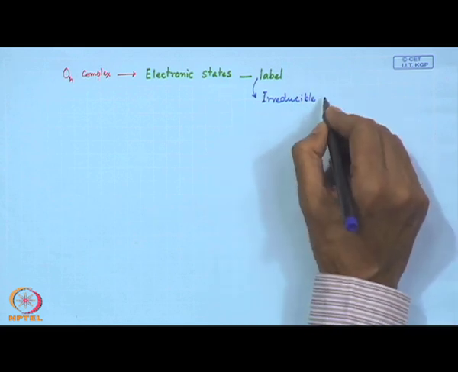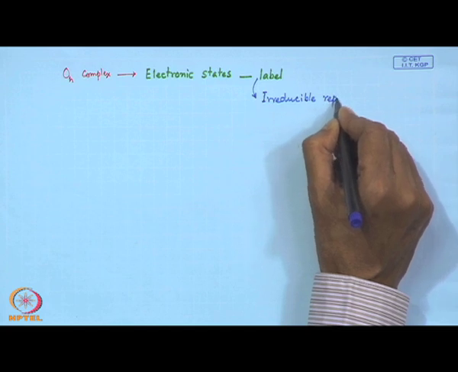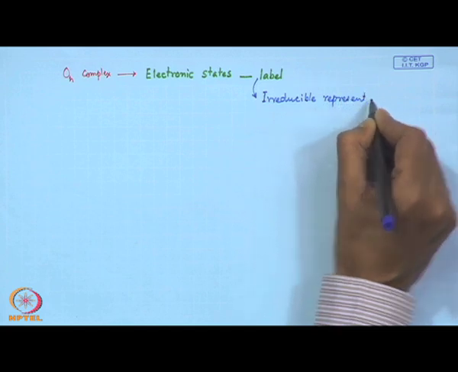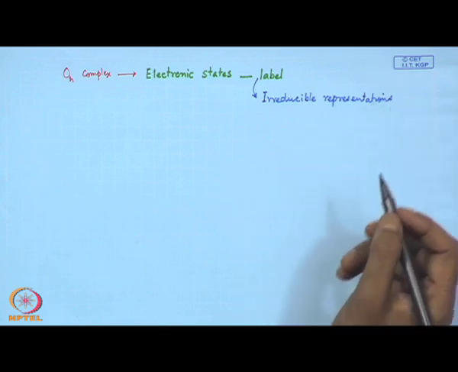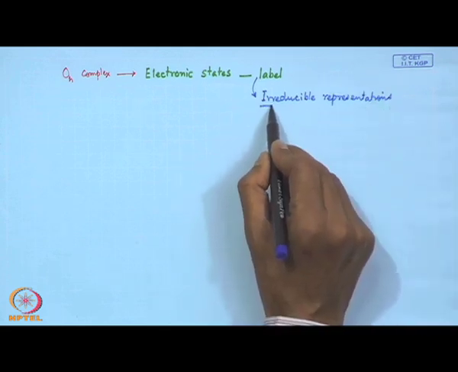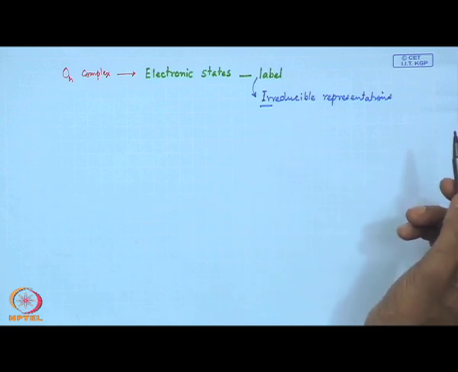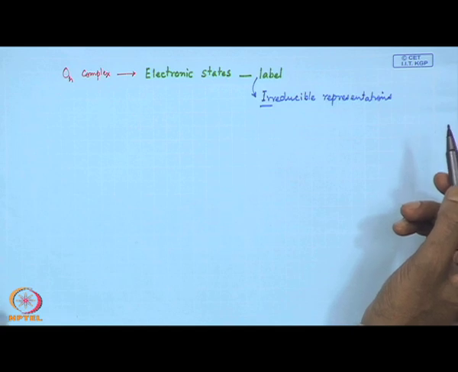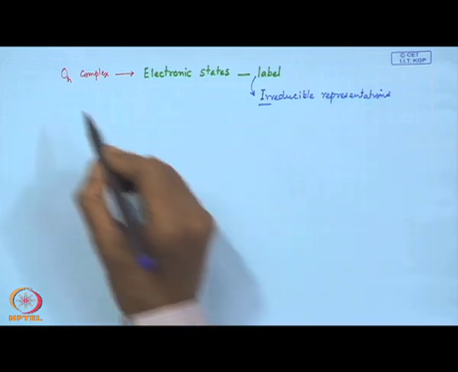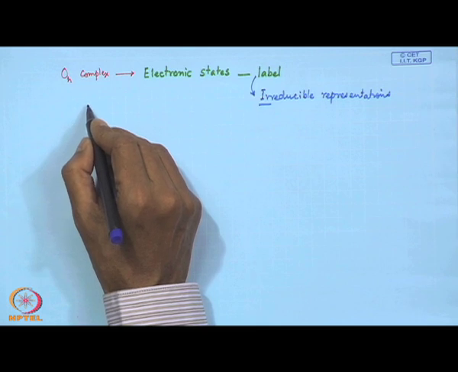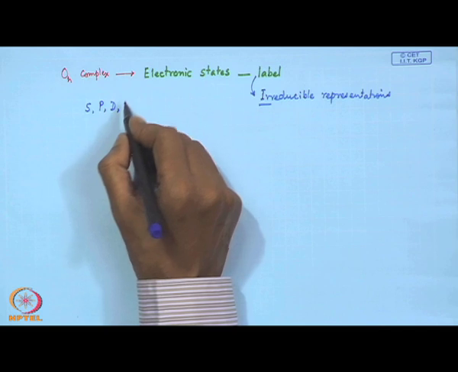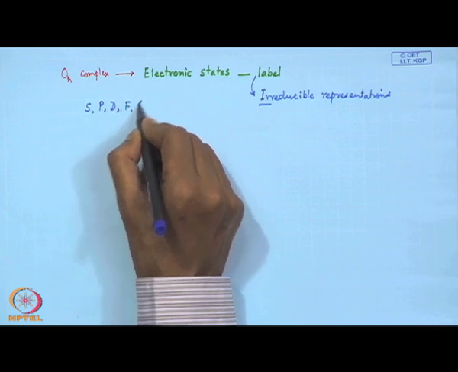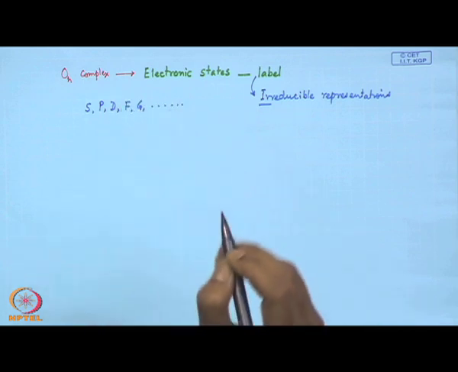These are their corresponding irreducible representations, those representations which cannot be further reduced. That is why they are irreducible representations, and we can get them in the group theory character tables. So, we have the S level, P level, D level, F, G, etc. levels.